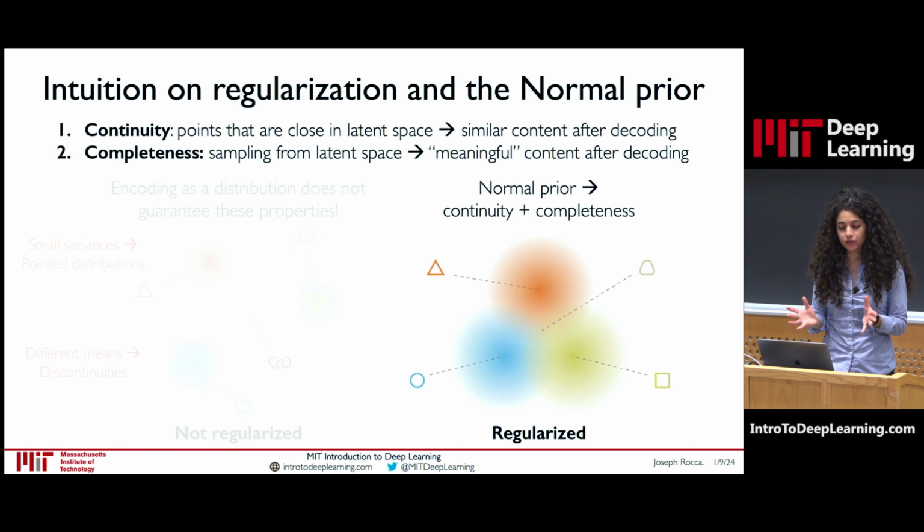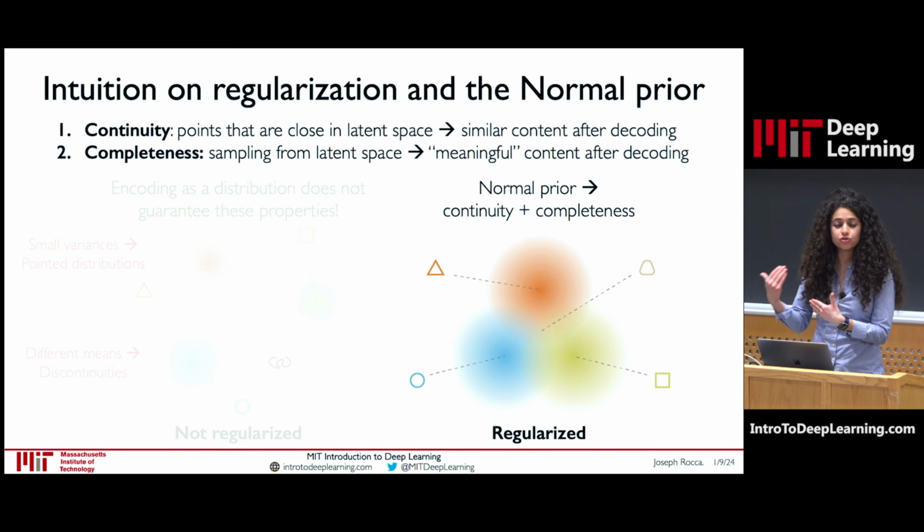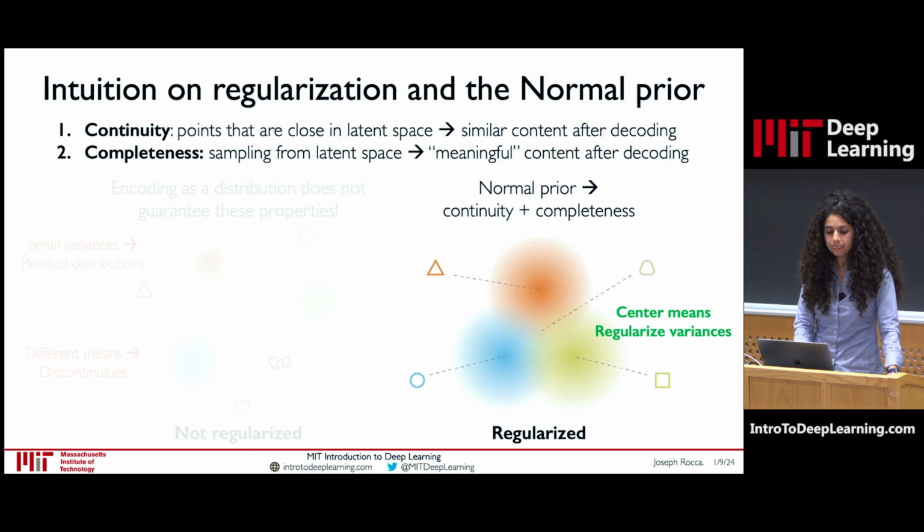The high-level intuition with the normal prior is that it imposes this regularization to be roughly centered, mean 0, standard deviation of 1, to encourage the network to satisfy these desired properties of continuity and completeness. Okay, any questions on that? I know it's kind of a hard intuition to wrap your minds around.